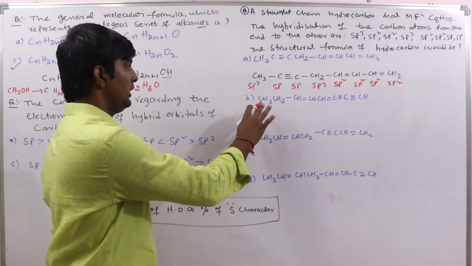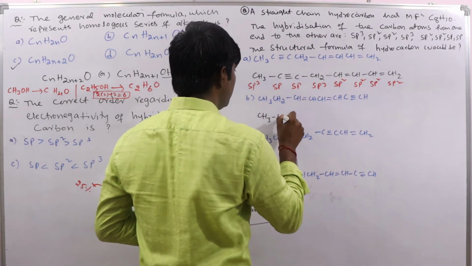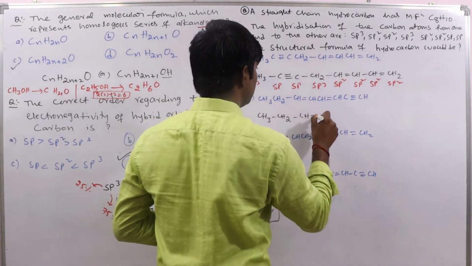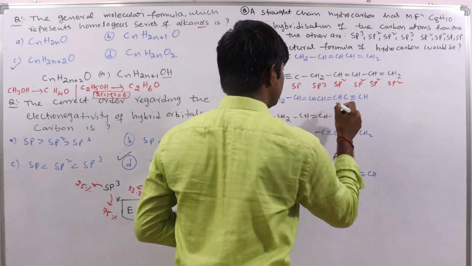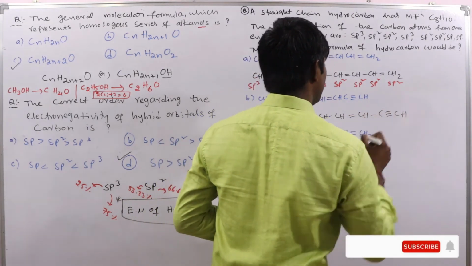So sp2, here also sp2, and here also sp2. Next, this can also be written like this: CH3, CH2, CH, double bond CH, single bond CH, double bond CH, C, triple bond CH.